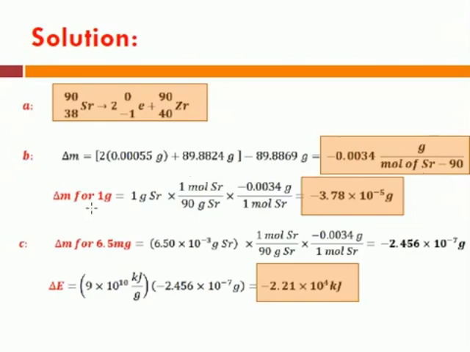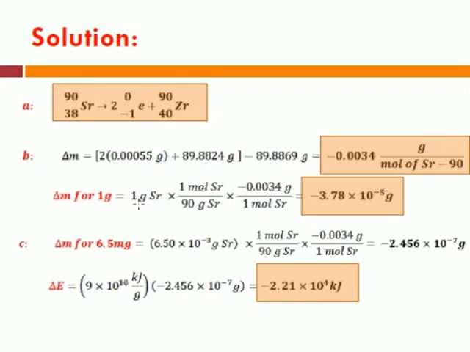So, compute delta M for 1 gram. We have 1 gram of strontium here. Multiply by 1 mole strontium over the Sr-90, so we have 90 grams here. Multiply by negative 0.0034 grams per 1 mole of strontium.